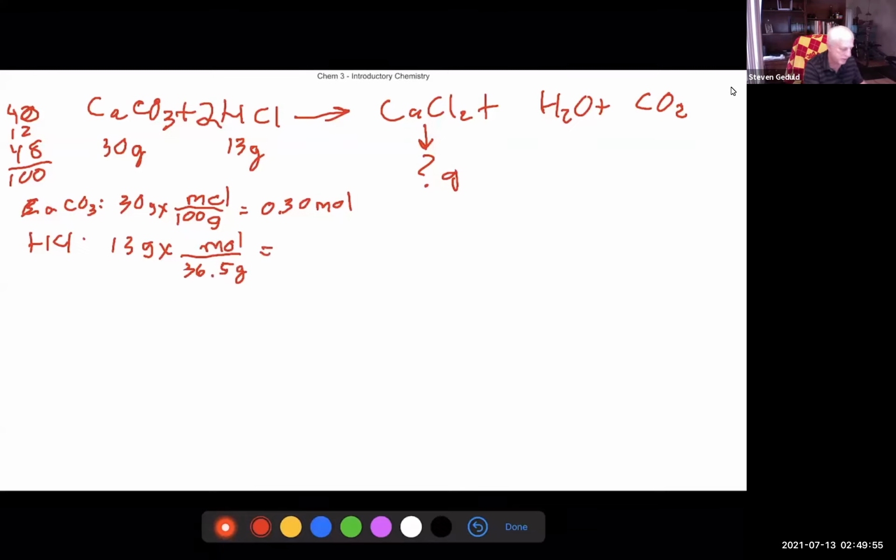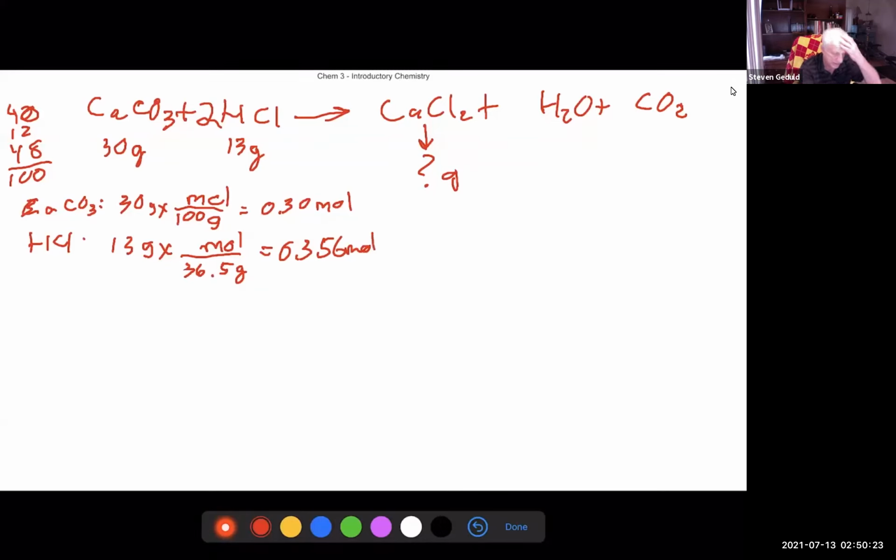So what is 13 divided by 36.5? Equals 0.356 moles.